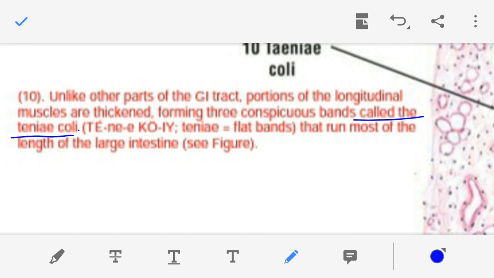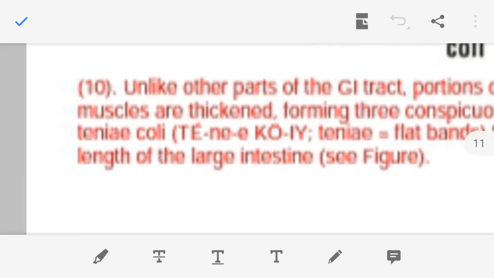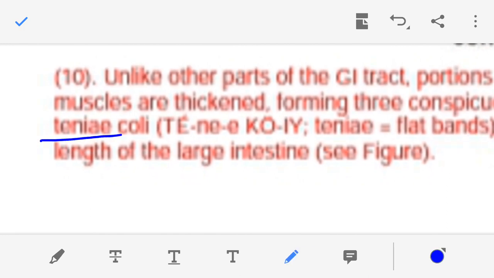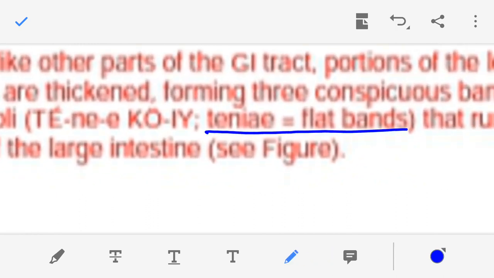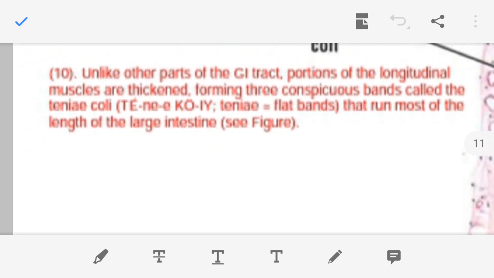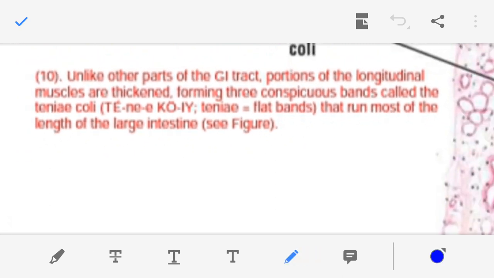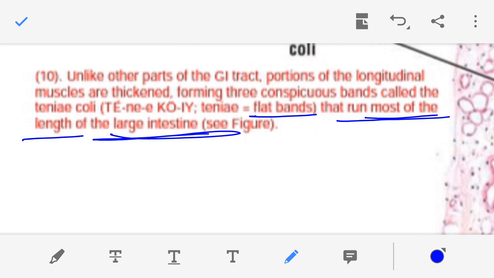teniae coli. Teniae coli, three bands. And taenia means flat band. These three bands, the teniae coli, run most of the length of the large intestine.